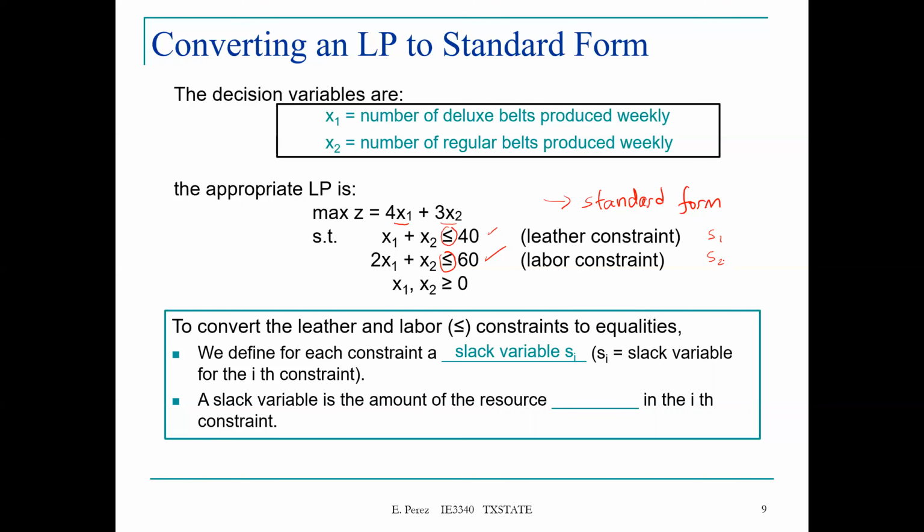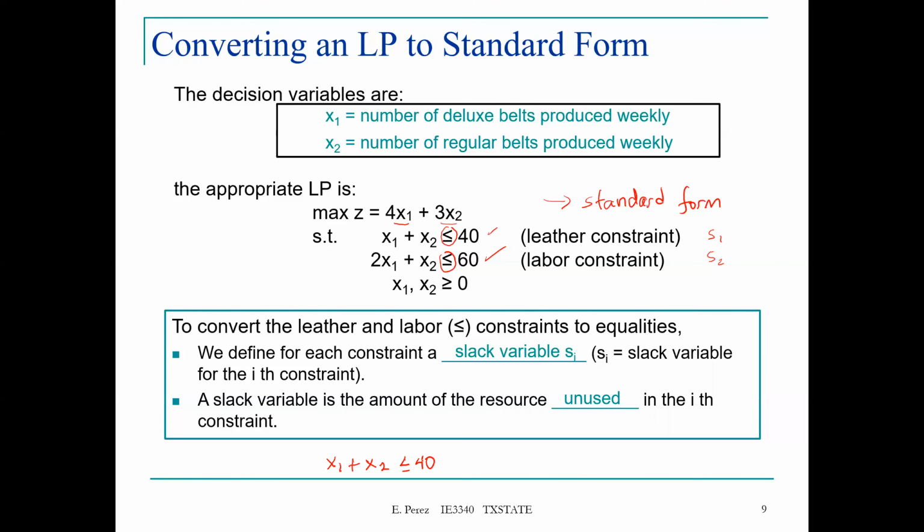A slack variable is the amount of the resource unused in the ith constraint. So what that means is, if you have this constraint right here, let's say I'm going to write it here, x1 plus x2 less than or equal to 40.